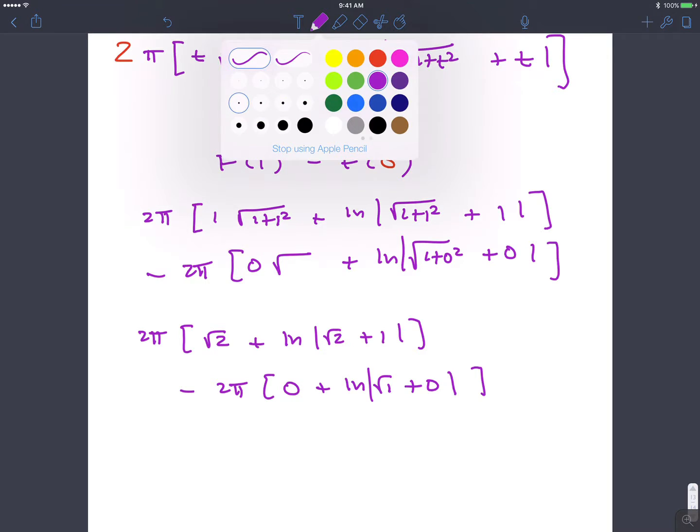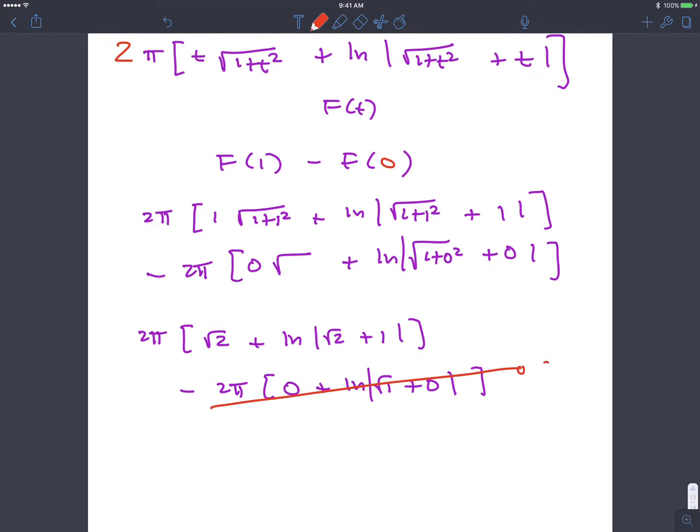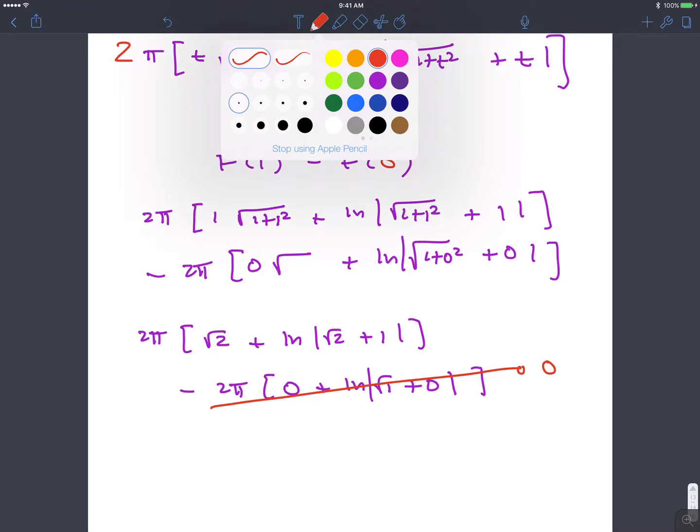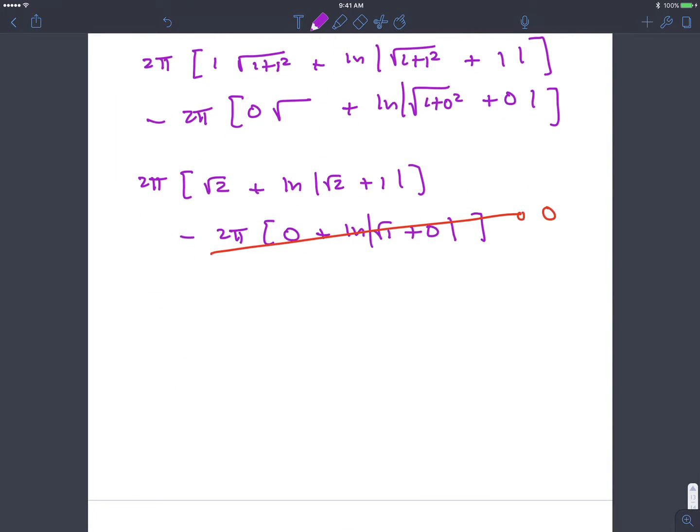Well, I guess it's easy to say that this portion goes to what? 0. And we're going to end up with 2 pi square root of 2 plus the natural log of square root of 2 plus 1. We get to remove that. And I guess that's kind of good enough. Is that right? What do you guys think?